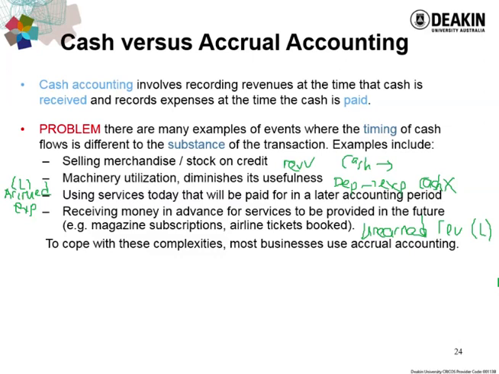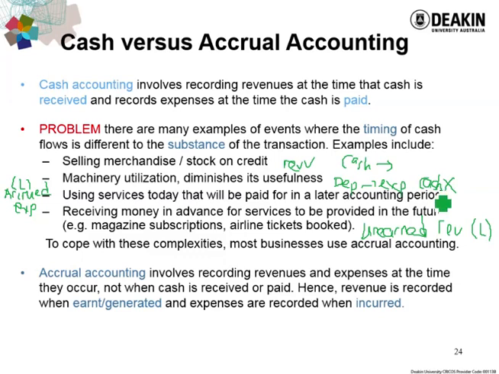What does accrual accounting mean? Under accrual accounting, we record revenue when it is earned and we record expenses when they are incurred, not necessarily when the cash has been received or paid. Under accrual accounting, it satisfies the matching principle, which is a very important concept.